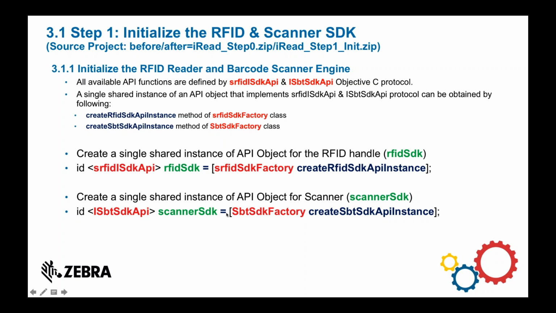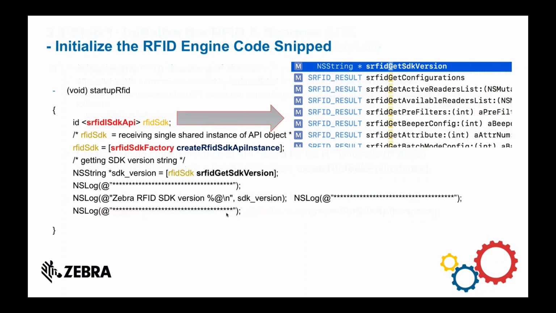In the next slide, I will show the code snippet to initialize the RFID engine. Once you create a unique RFID handle ID, you can use this handle ID to access all the APIs. For example, right now we will show you getting the SDK version, but you can do more.